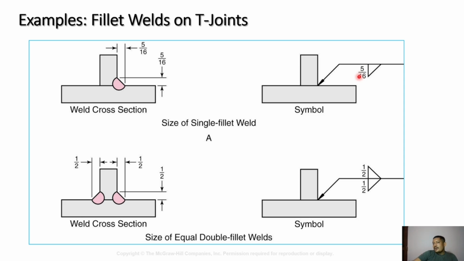And if this need not be drawn over here, I can point the arrow over here, draw it like this, and mark the reference like this. In that case, instead of drawing the triangle at the bottom, I will mark the triangle on the top side, indicating that the weld has to be performed on the far or opposite side. Now I hope you have a clear idea of what is meant by the term arrow side and what is meant by the term far side.